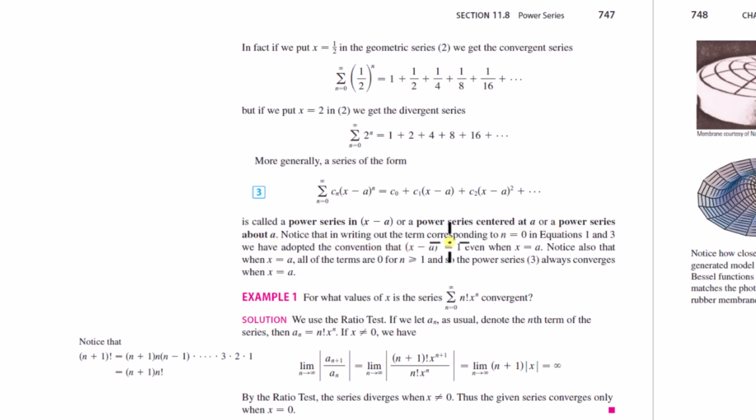Notice that in writing out the terms corresponding to n is equal to 0 in equations 1 and 3, we have adopted the convention that x minus a to the 0 is equal to 1, even when x is equal to a.